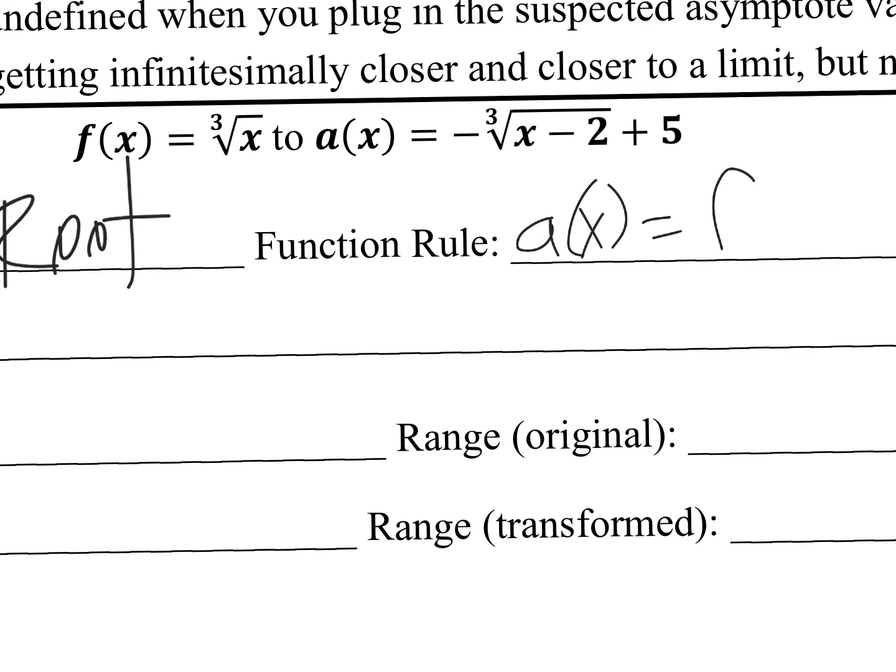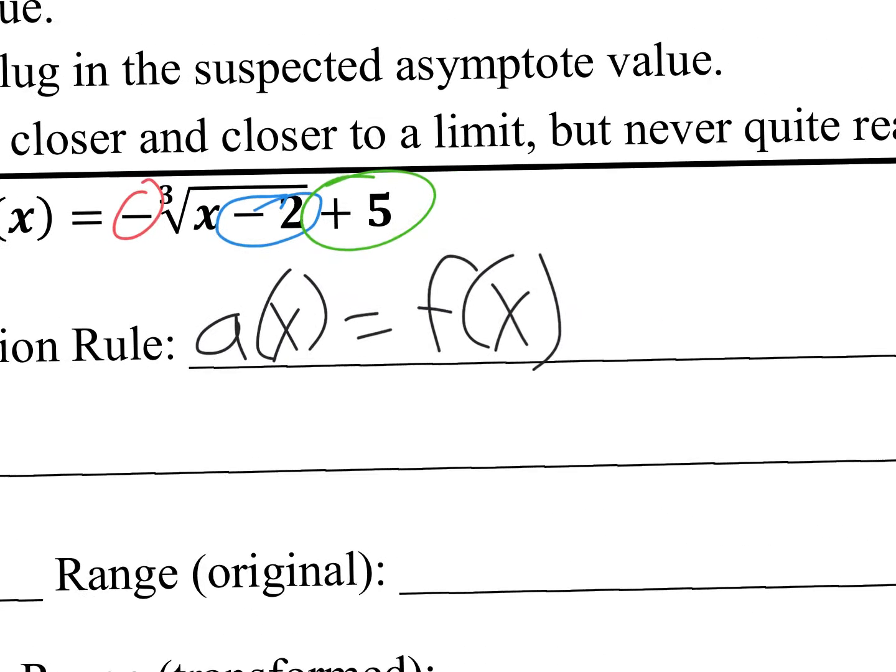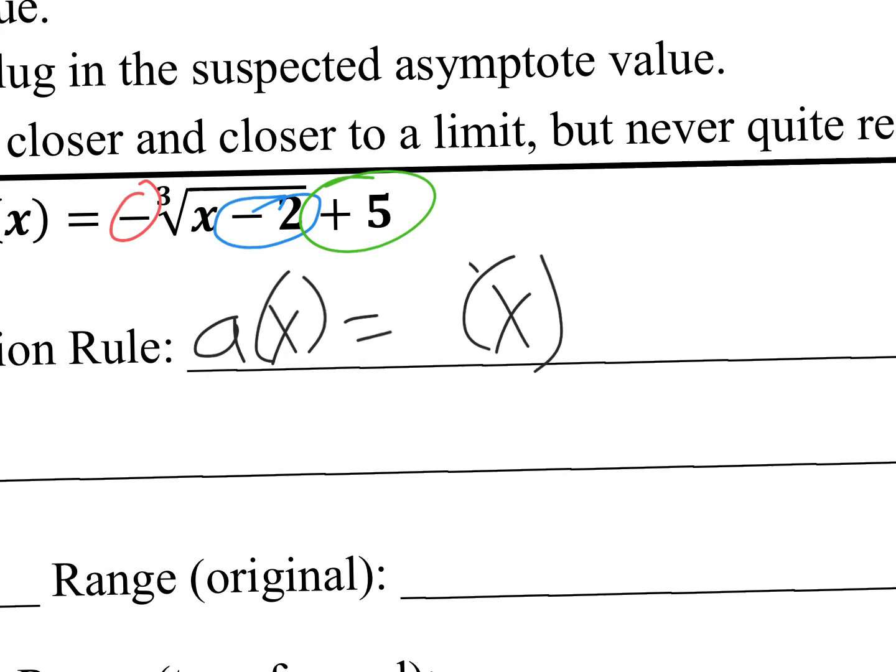So right now, we'll say a of x equals f of x, the same exact thing. But I am changing the f of x to look like this. How did I change it? I put a negative here, I put a minus 2 here, and I put a plus 5 on the outside there. So I'm going to add that into my f of x.